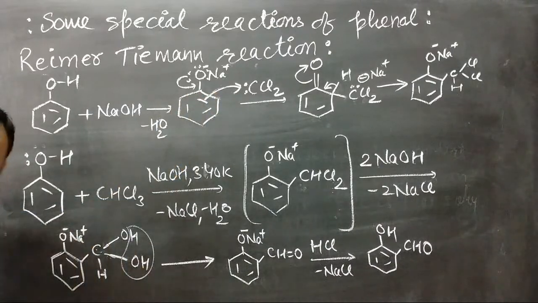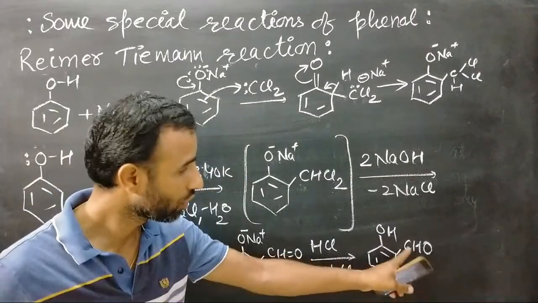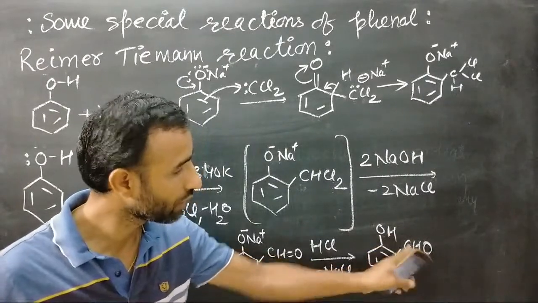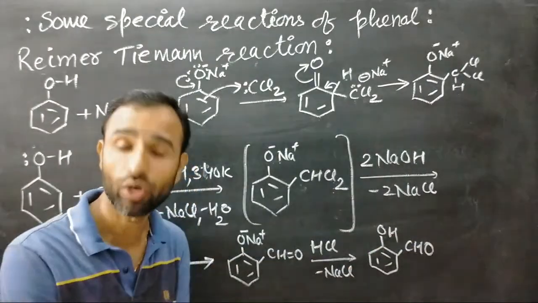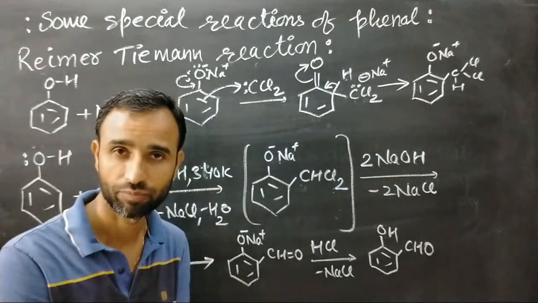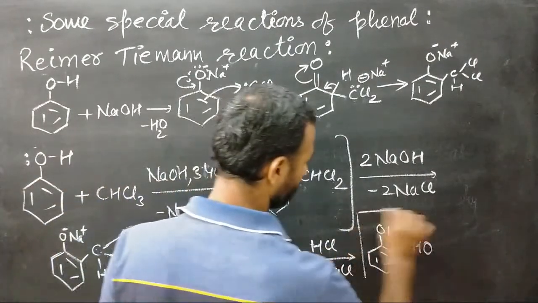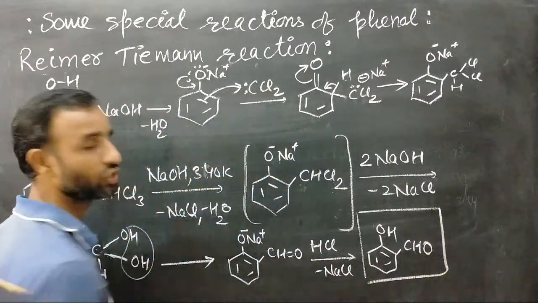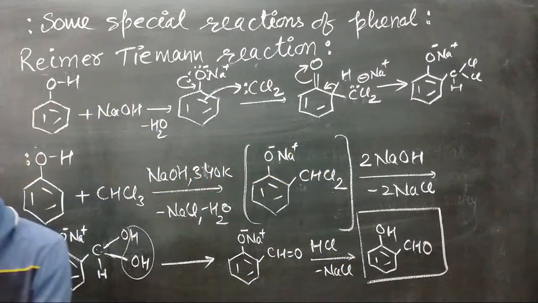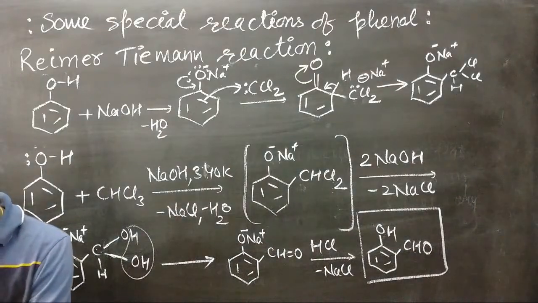Though para product is formed to some extent, because they can form intramolecular hydrogen bonding, that's why ortho product is major product. Okay, so that's why this is formed as the major product in this particular reaction.